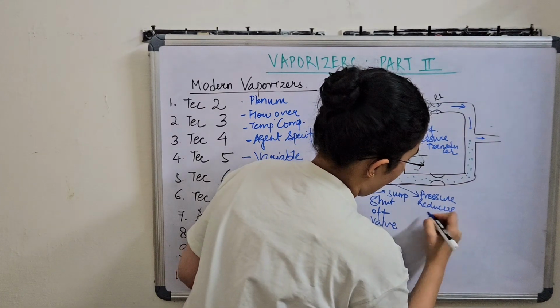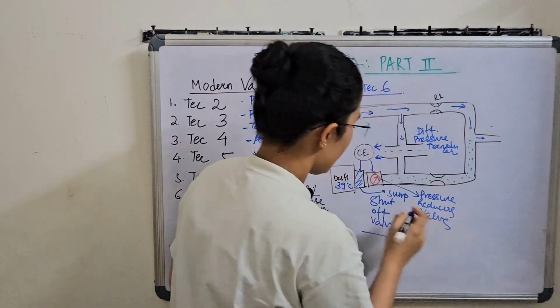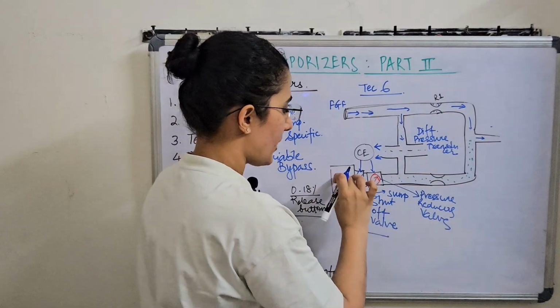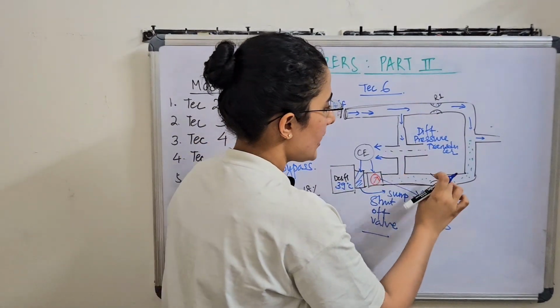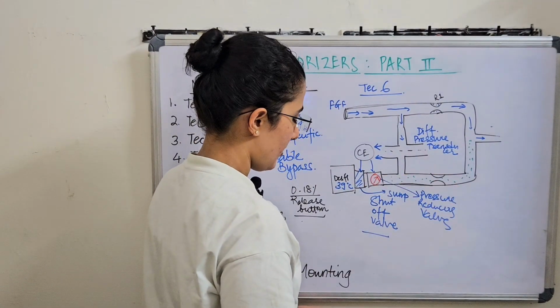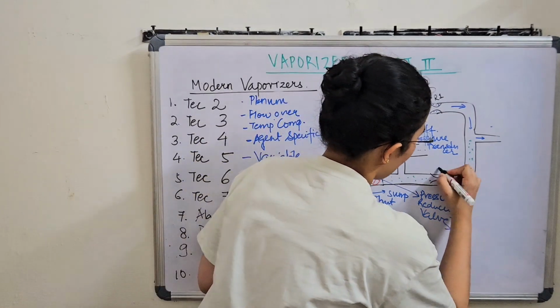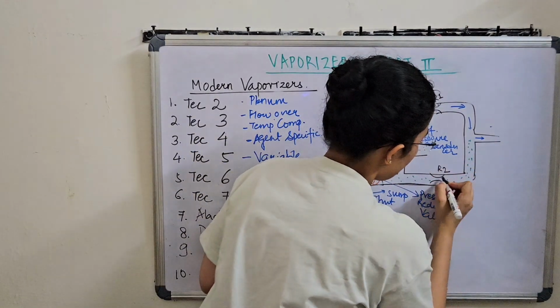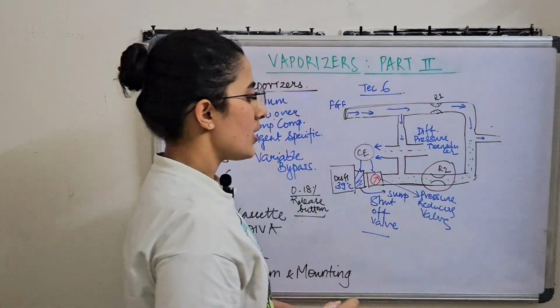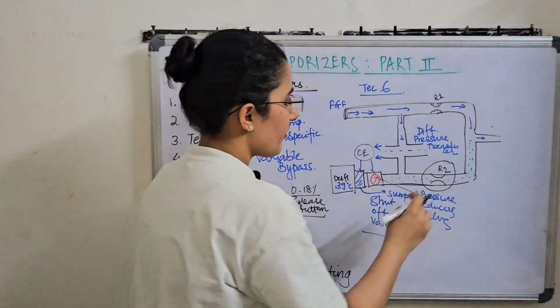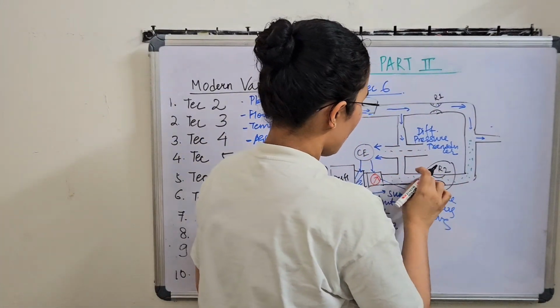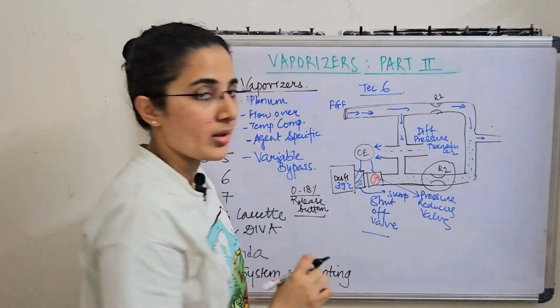Once the valve of the vaporizer opens, it encounters a second resistance, which is called R2. This information of R2 also goes to the computer electronics.